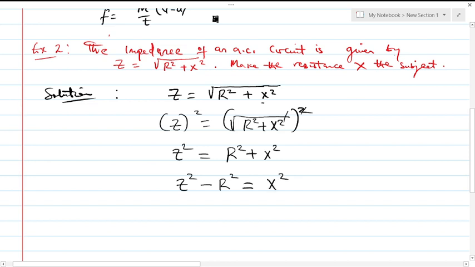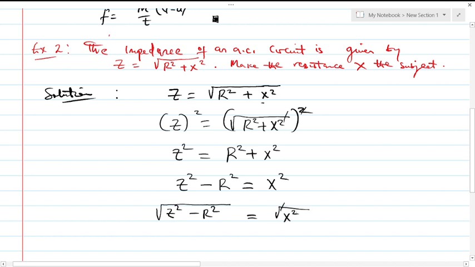Don't forget to make X the subject and not the square root. So that means that to take away this square, you have to find the square root of both sides. That is, the square root of Z square minus R square equals the square root of X square.